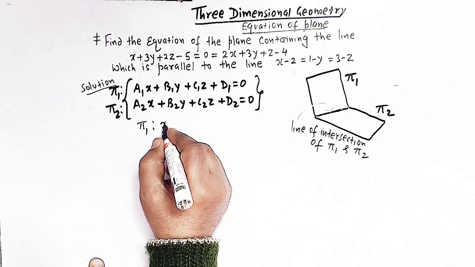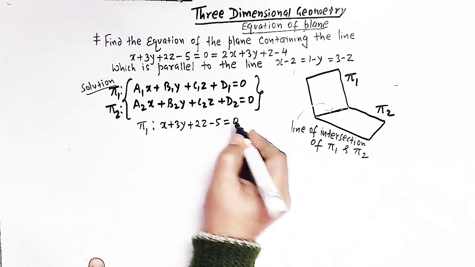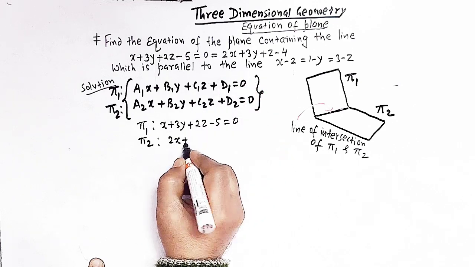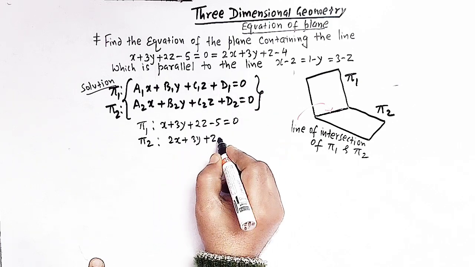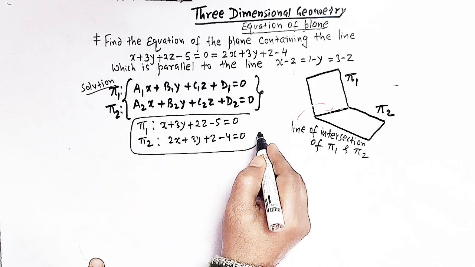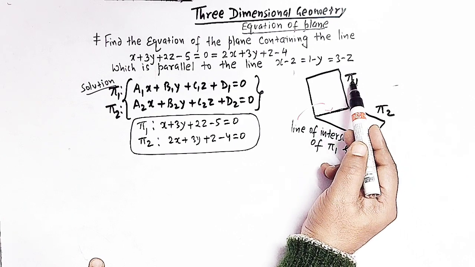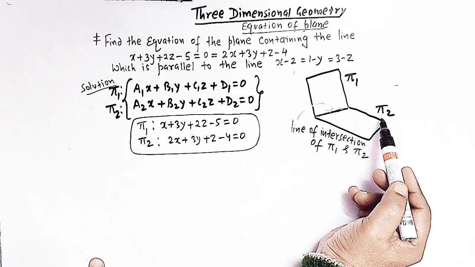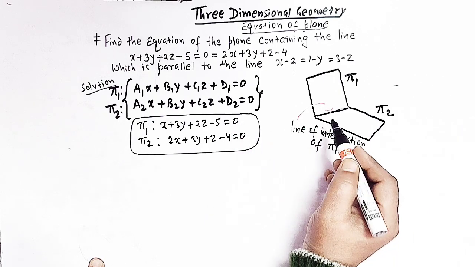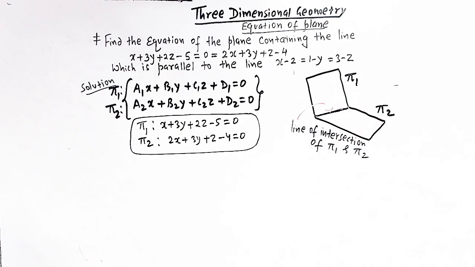So pi 1 is x plus 3y plus 2z minus 5 is equal to 0, and pi 2 is 2x plus 3y plus z minus 4 is equal to 0, and the combination of these two planes gives us the line of intersection of pi 1 and pi 2. So these two equations together represent a line.